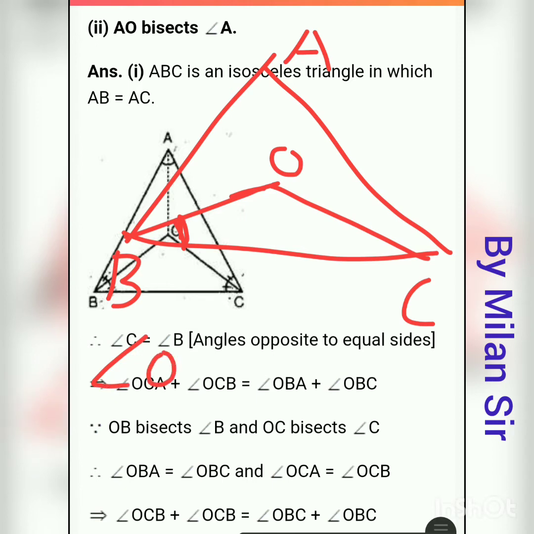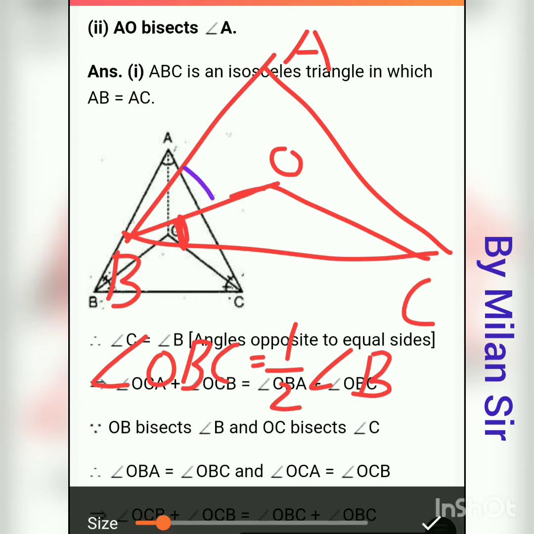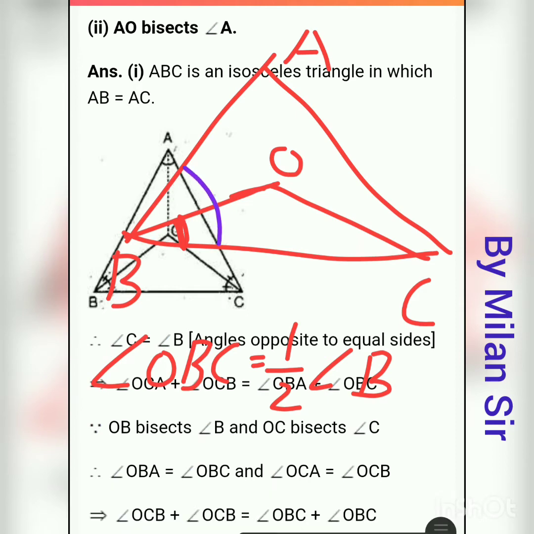Angle OBC is half of the full angle B, because this is a bisector. Bisector means two equal parts. So this one part is half of the full angle, and the full angle is angle B.